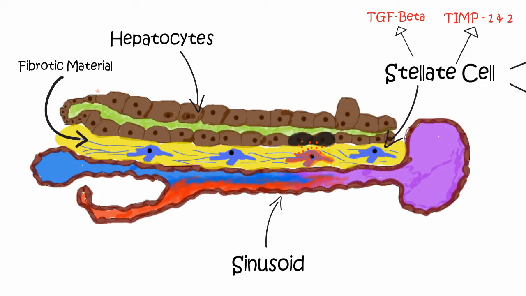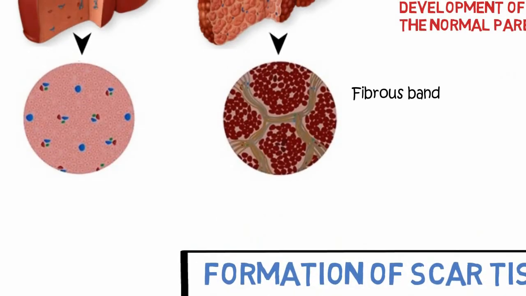In normal conditions, the stellate cell functions in the wound healing process, but due to constant injury, the stellate cell is constantly activated and produces large amounts of collagen and factors that lead to fibrosis. As this cascade of processes continues, fibrous tissue bands separate hepatic nodules, which eventually replaces the entire liver architecture.